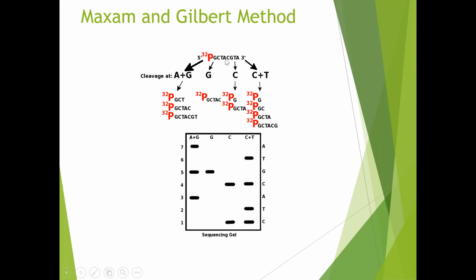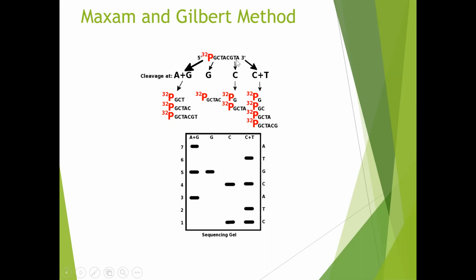Here one cleavage can happen, because the formic acid will modify A and G. If it modifies A and the cleavage takes place, one product is GCT. And GCTAC: on this G, if it acts, this will be the product formed, and on this A, if it acts, this is the product formed.